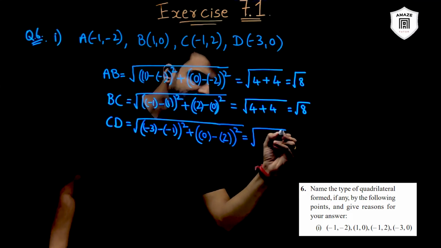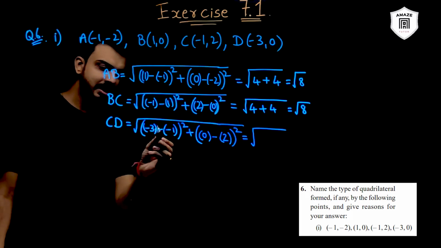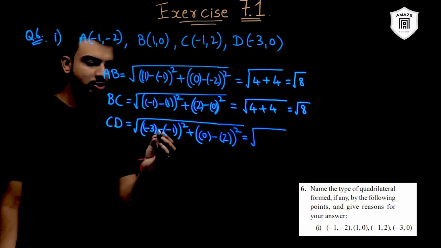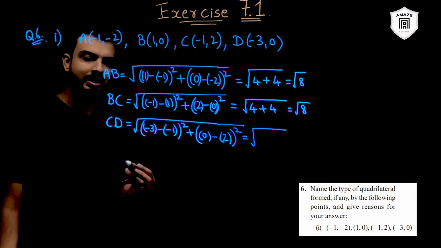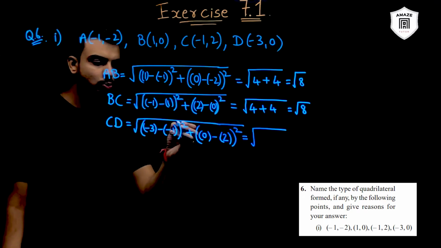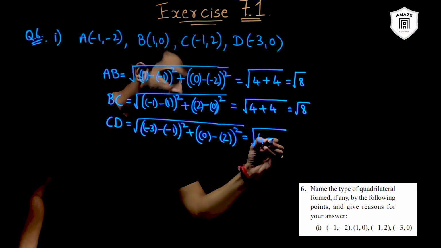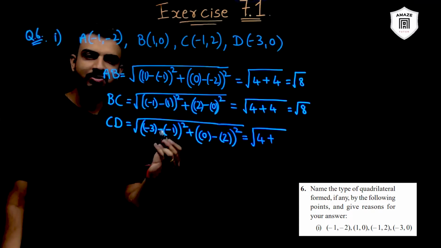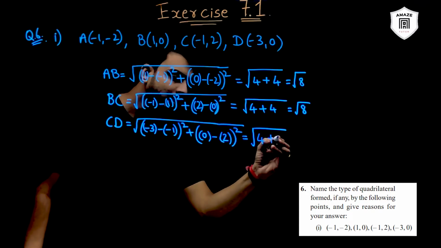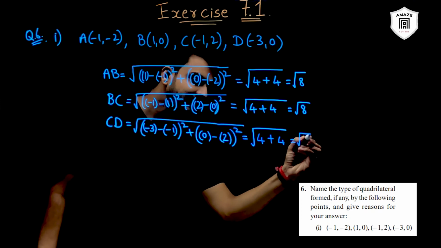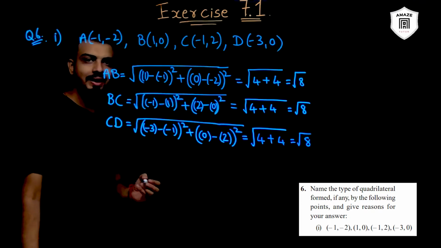This will give you -3 plus 1, because minus minus is plus. Minus 3 plus 1 is minus 2. And minus 2 square is again plus 4. Plus 0 minus 2 is minus 2. And minus 2 square is plus 4. So you are getting CD side as root 8.